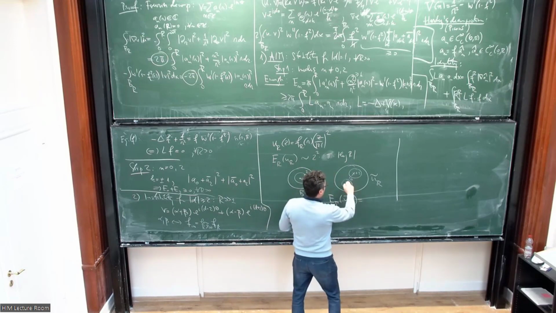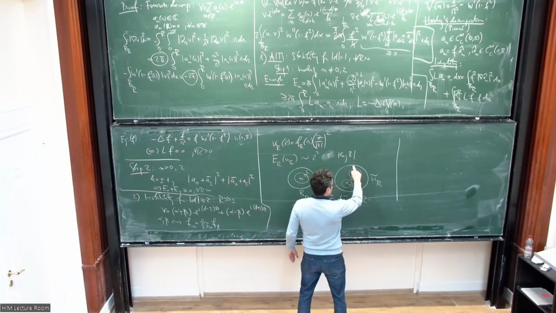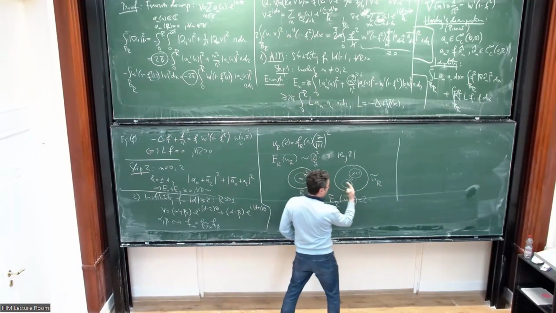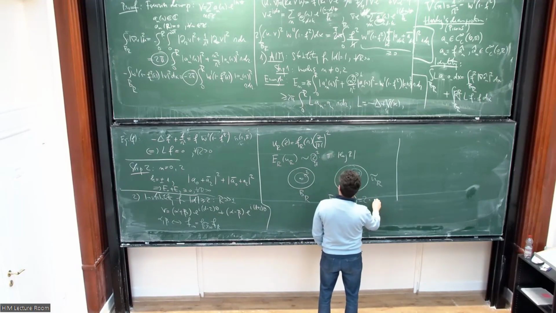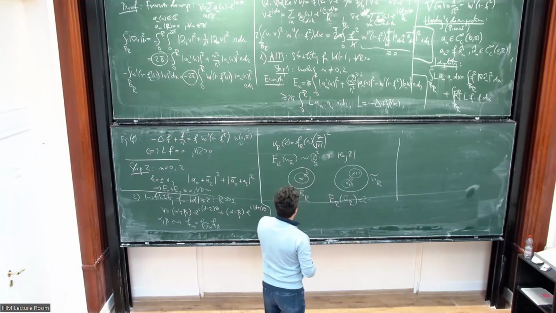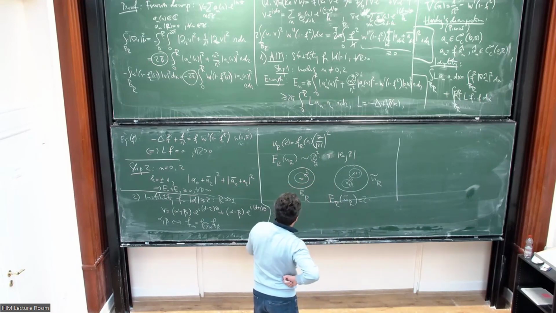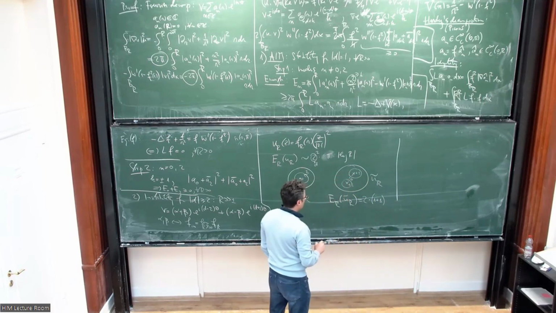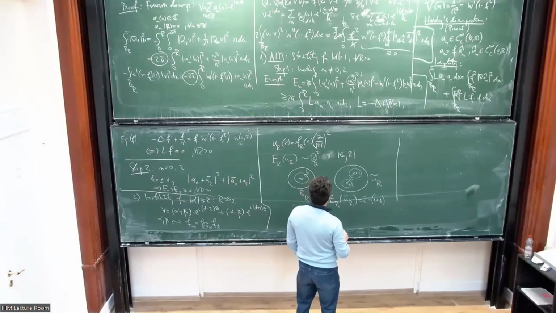If you believe me that this is d squared, each degree 1 is 1. Okay, there is something wrong because then I get the same. Oh, sorry, yes, the degree is 1, so it's 1 plus 1, not twice, just 1 plus 1.